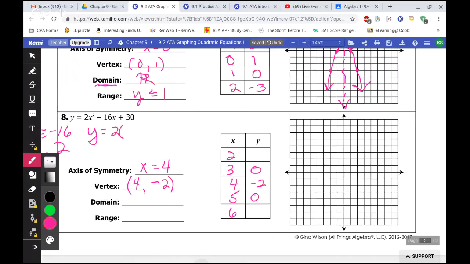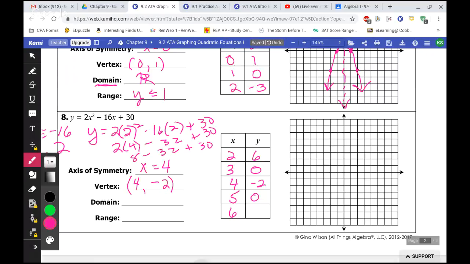So now we'll plug in 2. 2 times 4 minus 32 plus 30. 8 minus 32 plus 30. 8 minus 32 is a negative 24. And negative 24 plus 30 is 6.